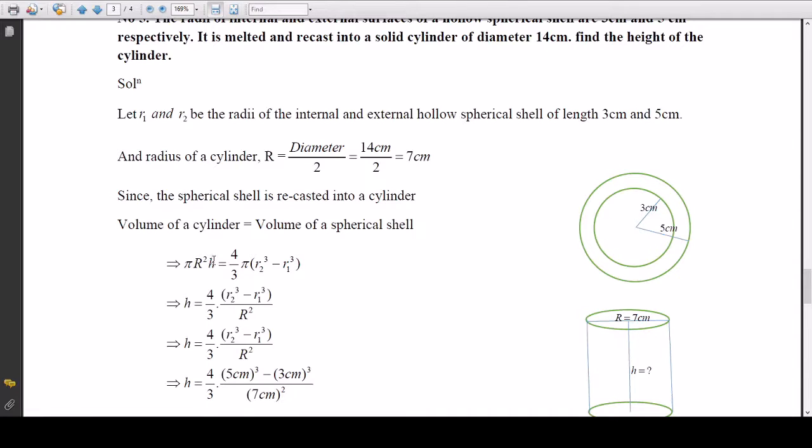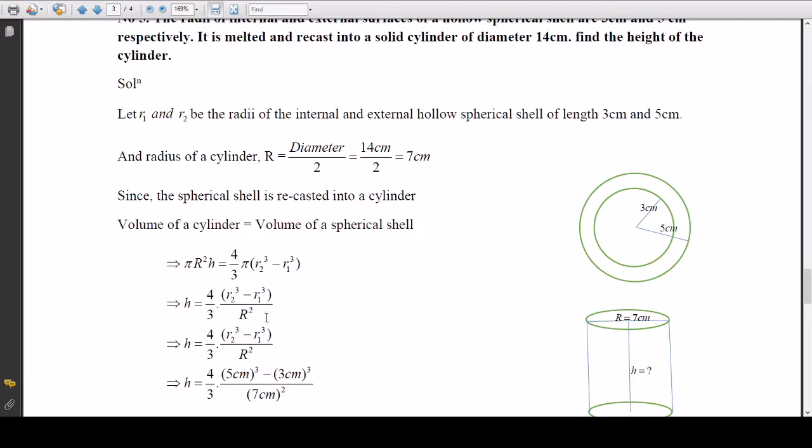Then you take only h on the left side, and R square you cross multiply to the right side. That means you will have h equal to 4 by 3 multiplied by (R2 cubed minus R1 cubed) divided by R square.